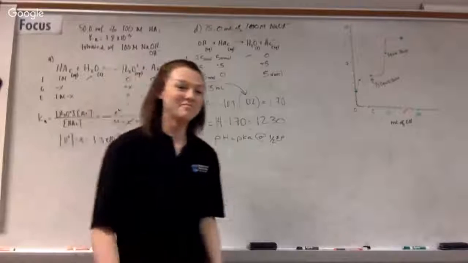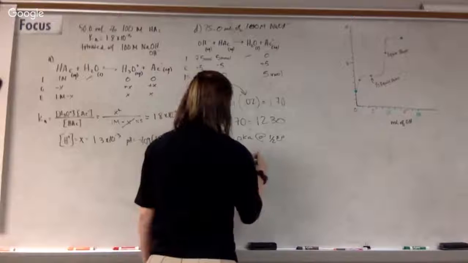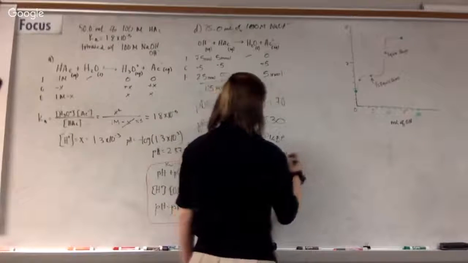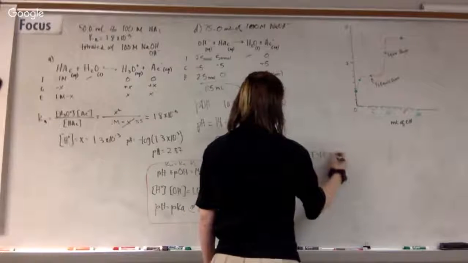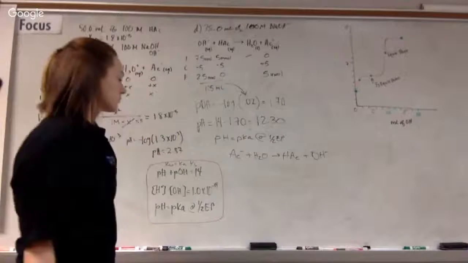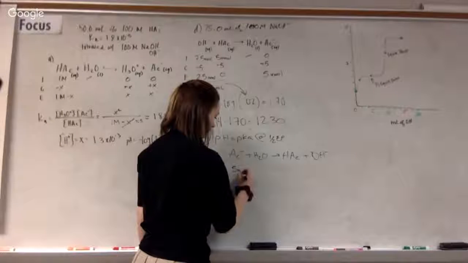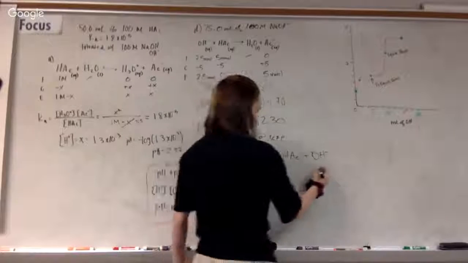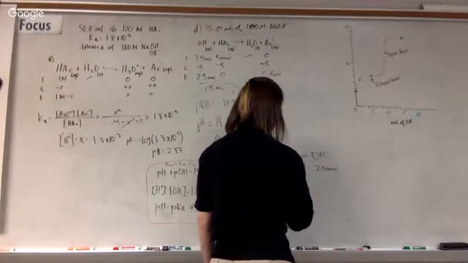In fact, do me a favor, write the AC minus equation in there: AC minus plus water goes to OH minus plus HAC. Write 5 millimoles of that, and then write 2.5 millimoles underneath the OH minus. Write 0 for the HAC.